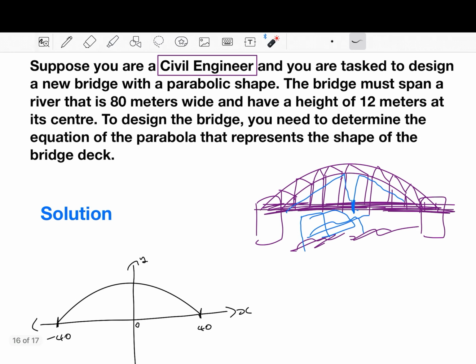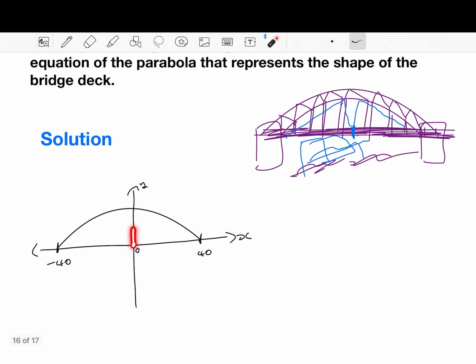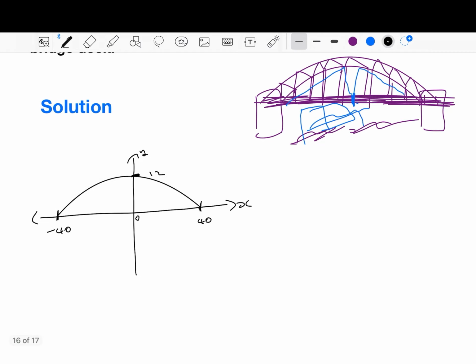And we are told again that the height of this bridge from the center is 12 meters. So this part here is 12 meters. Lucky us, we already know the turning point.